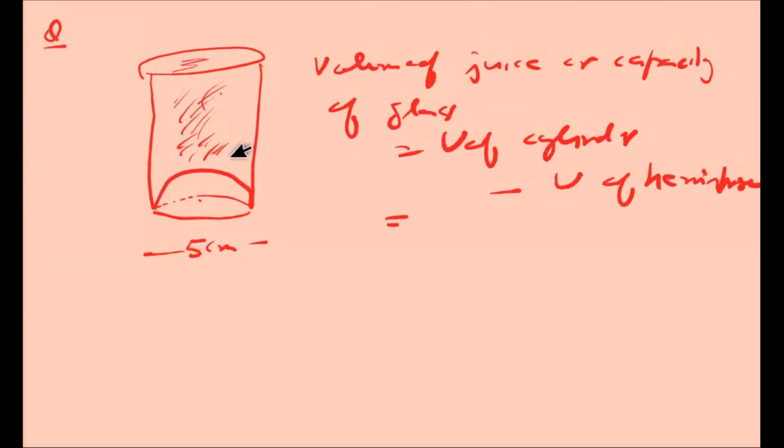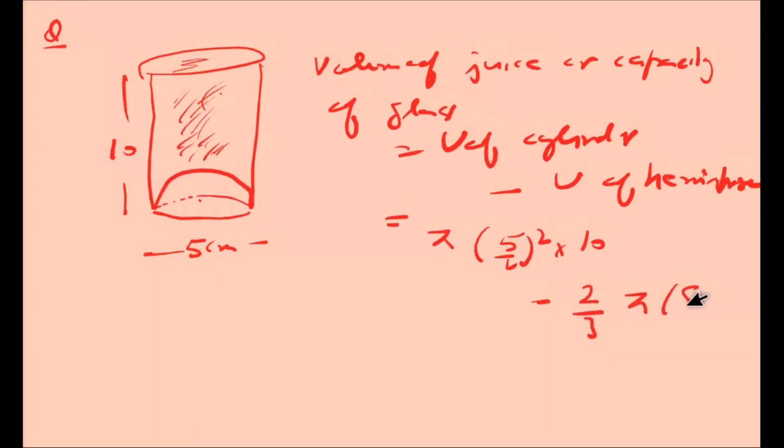So now the height is given. Let height of the hemisphere be 10 centimeter. Height of the glass, let it be 10 centimeter. So now find it out. Volume of cylinder is pi into (5 by 2) square into h, h is 10 centimeter. Now volume of hemisphere is half of a sphere, meaning 2 by 3 pi r cube.